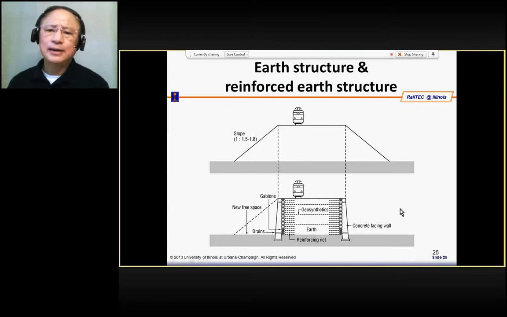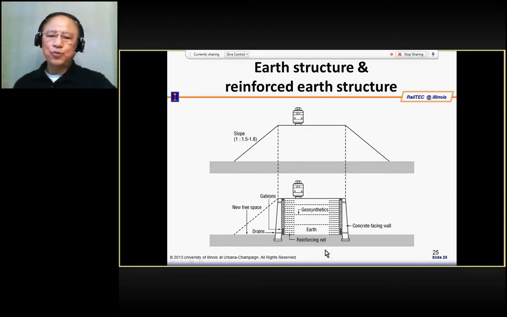There are traditional earth structures which are constructed, and from this diagram you can immediately see how much additional land had to be acquired for constructing the earth structure, and also how the earth structure obstructed surface activities. Okay.